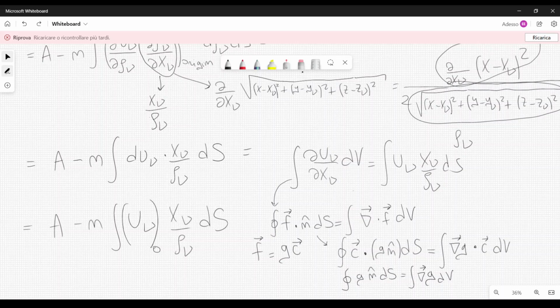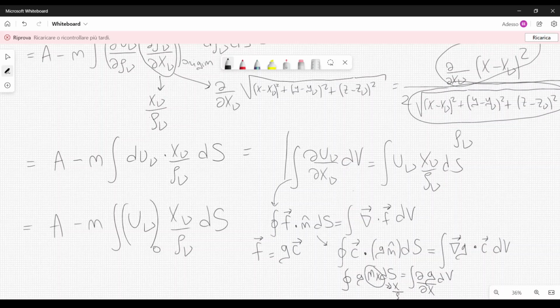So if I take the x component, on the left I have n_x, whereas here I will have the derivative with respect to x of g. And in this case, our x will be x_ν. So n_x is simply equal to the x component divided by the radial distance ρ, x over ρ, or if you want, x_ν over ρ_ν.